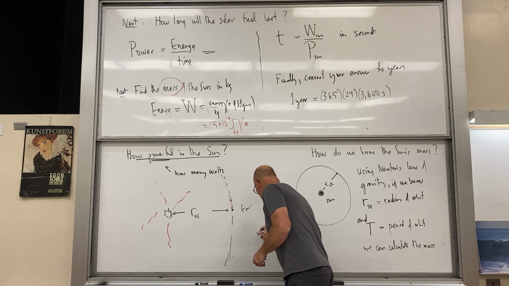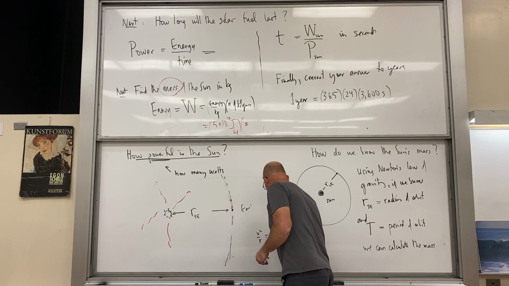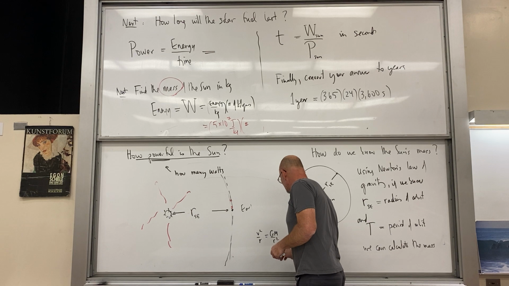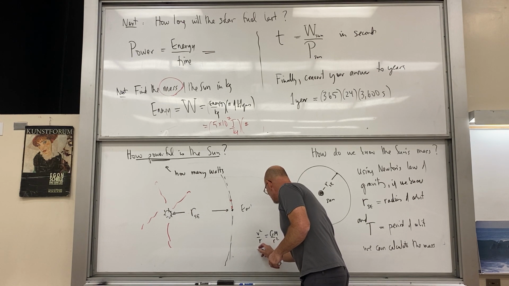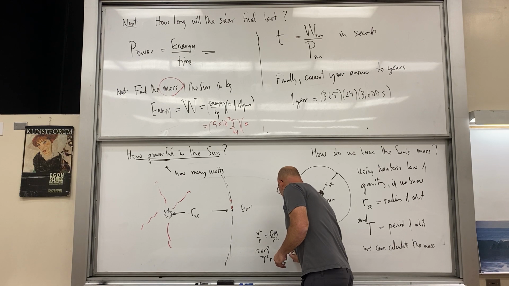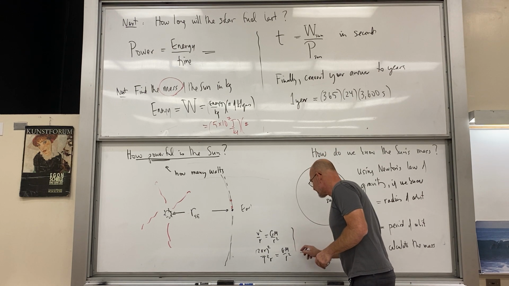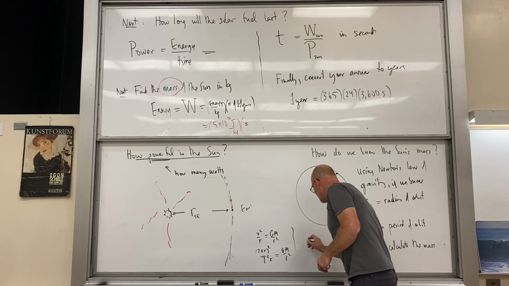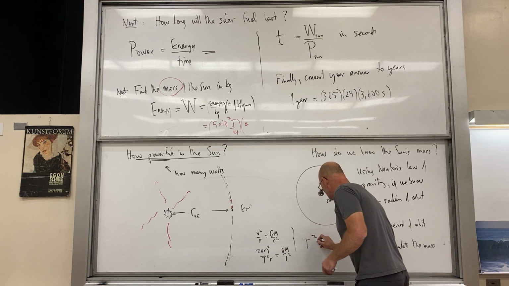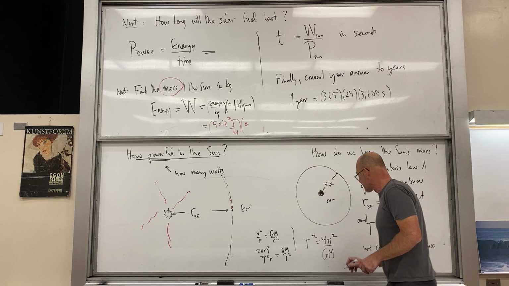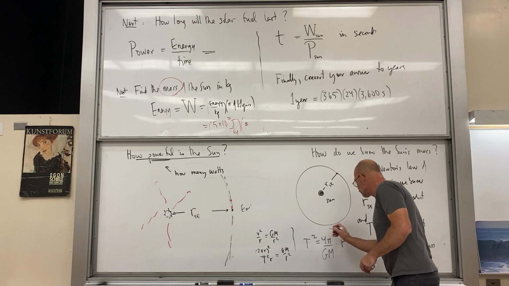So the formula, good thing I did this, is T squared is equal to 4 pi squared over capital G, capital M times R cubed.